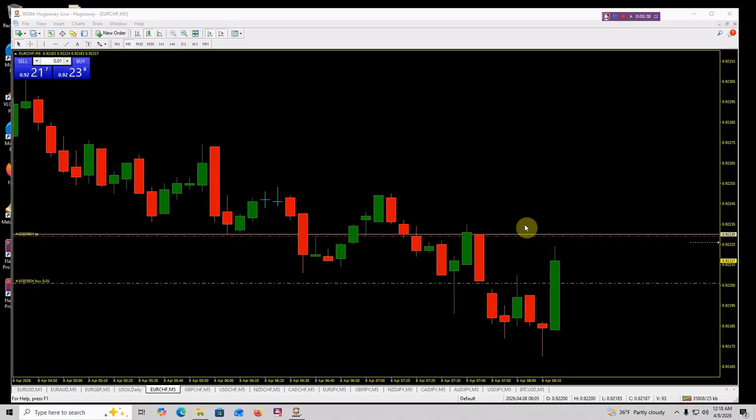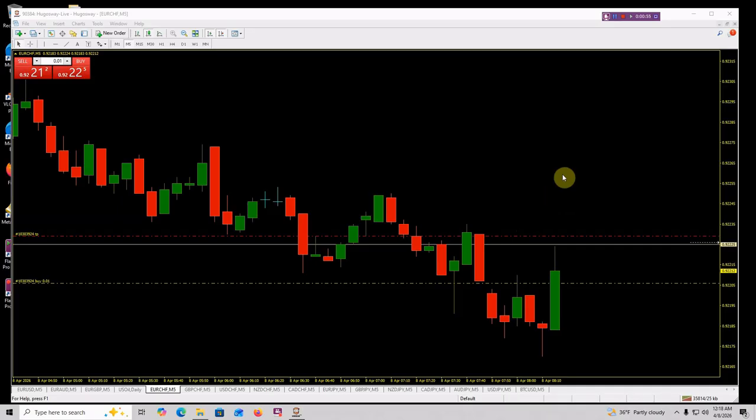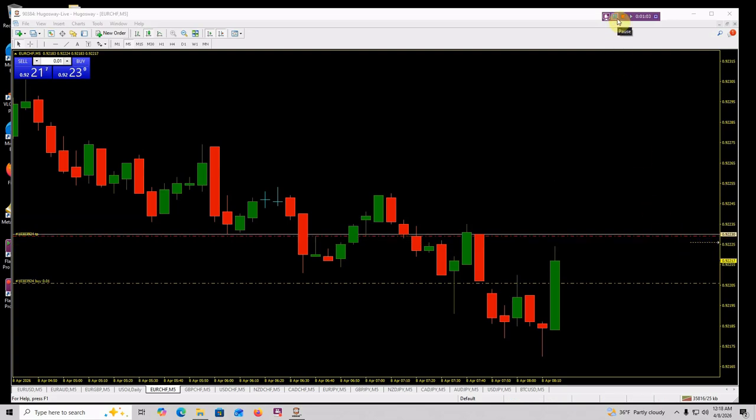Euro Dollar has its own special 5-minute setup, but this is a derivative of it, and it works great for other pairings. We don't trade all pairings, for a number of reasons. I'm going to pause this real quick and keep an eye on it. I got this alert set, so if I hear that alert, I'll come on back.